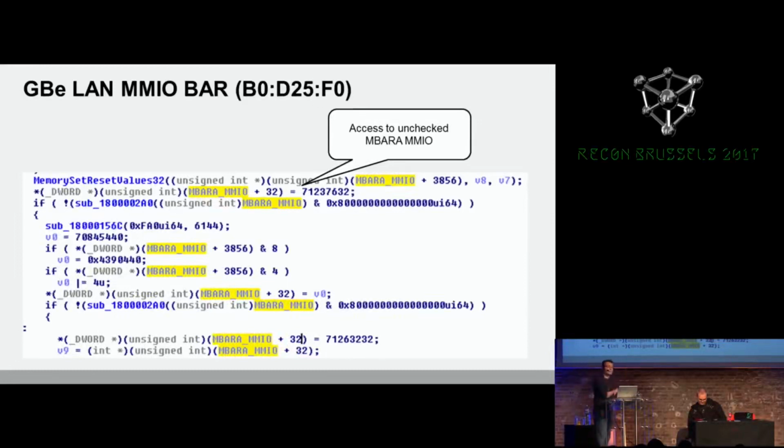So it's writing values to the registers without checking. There's no check for that MMIO range, whether it overlaps with SMRAM or something else. So basically, by modifying M-BAR in the config space of that GB LAN device, you could potentially control where the SMI handler is writing data.